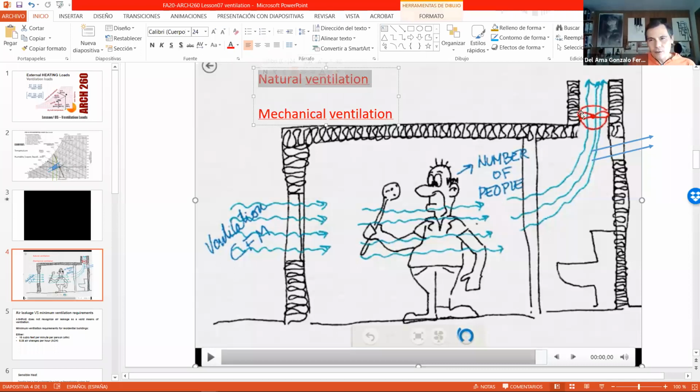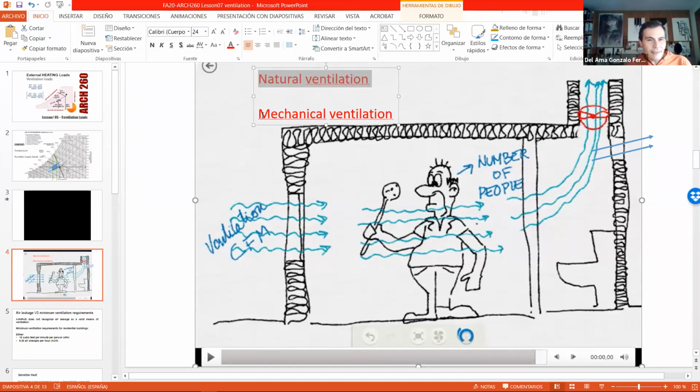But imagine that we can't open those windows. We are in a public building, and if you have been to public buildings, you can't open windows there. In the TDS center, if you have been to the TDS center, most of the windows are not openable. And we have a mechanical ventilation system. So the air is healthy, and there are a lot of sensors and a lot of devices working well.